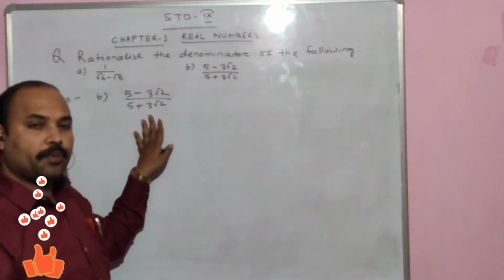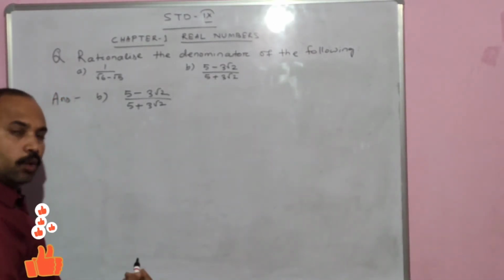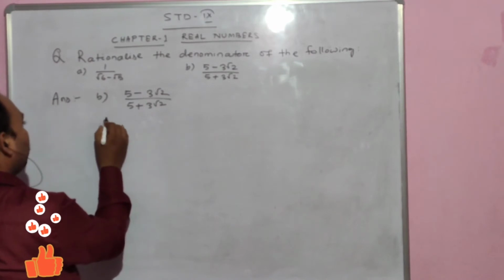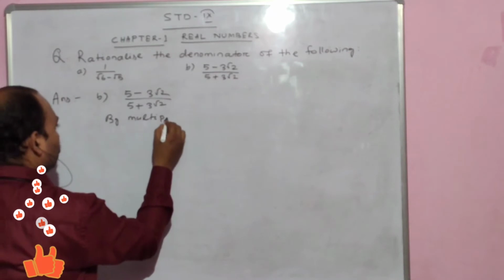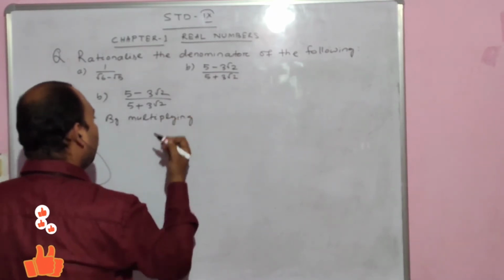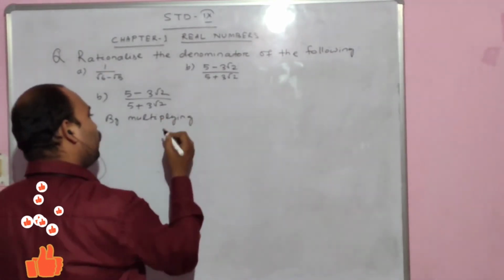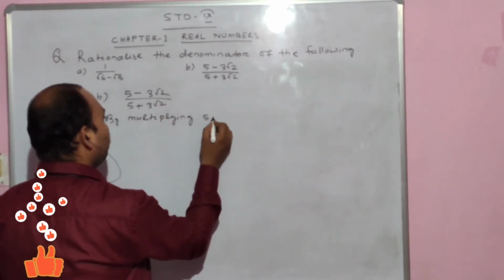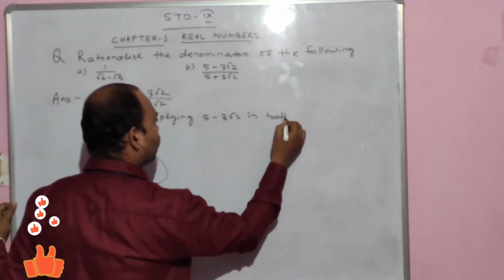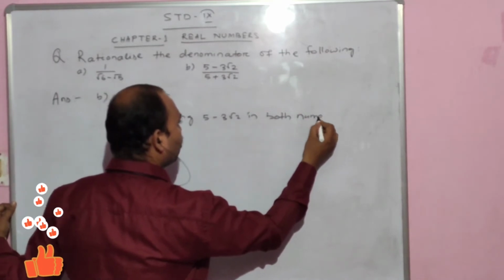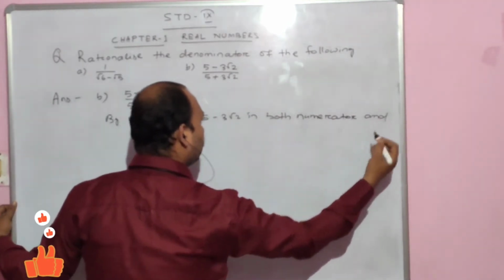The conjugate number of the denominator, which is 5 plus 3 root 2. So by multiplying its conjugate number, 5 minus 3 root 2, in both numerator and denominator.